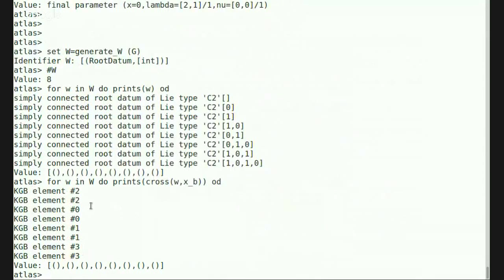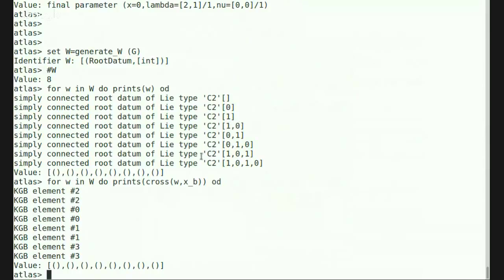Okay, so what this says is that this action of W on X, the identity takes XB, KGB element 2, to itself, and the reflection in the first simple root takes it to itself. And that's because this simple root 0 is the compact root for XB.